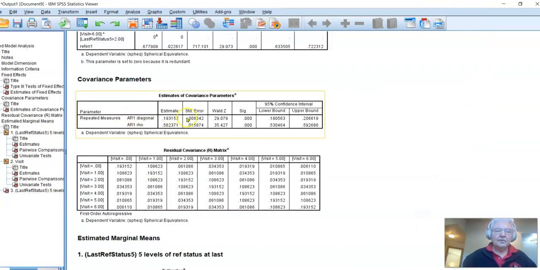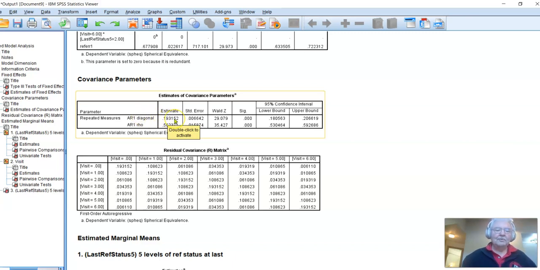Okay, so there it is, that one estimate, the common variance between visits is 0.19. That's the variance. Square root is the standard deviation. That standard deviation divided by the square root of n gives you your estimate of the standard error.